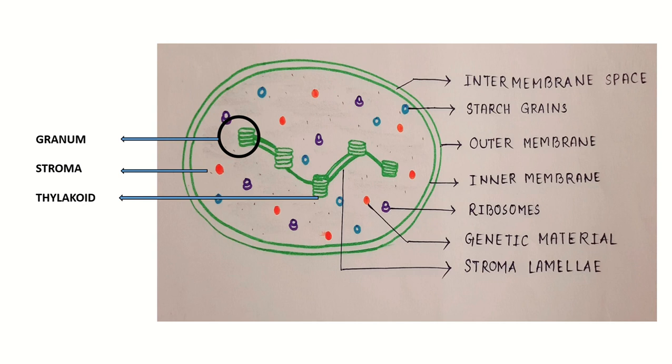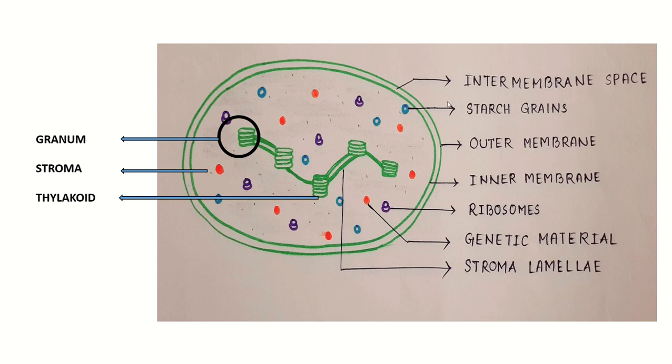Now let's look at its diagram. I've drawn a very simple diagram over here to give you a brief idea about its structural details. This is your granum, the stroma, and thylakoid.